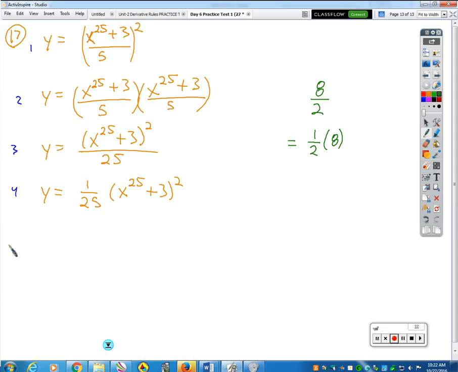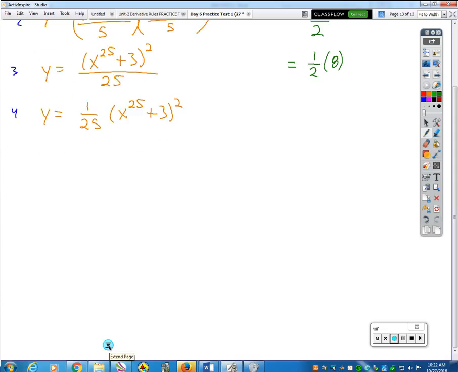So, at step 4, the 1 over 25 times x to the 10x, are you taking the derivative of all of that, or only of the x to the 25th? Great question. I still must take the derivative of both sides, so I have to take the derivative of everything.